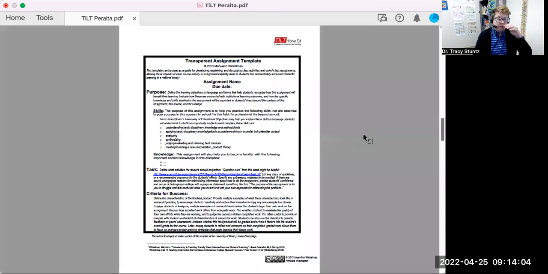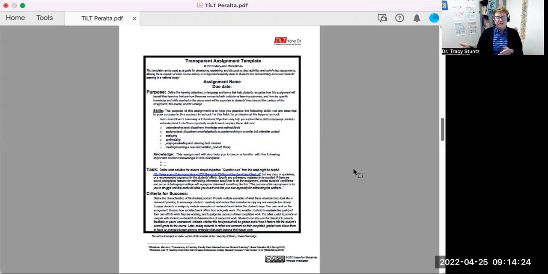So I'm going to show you now the transparent assignment template, and I'm sorry, it's very small, but again, I'll share the resource page so you can go. This is available for downloading. It's the same kinds of things that I went over just now with purpose, task, and criteria.